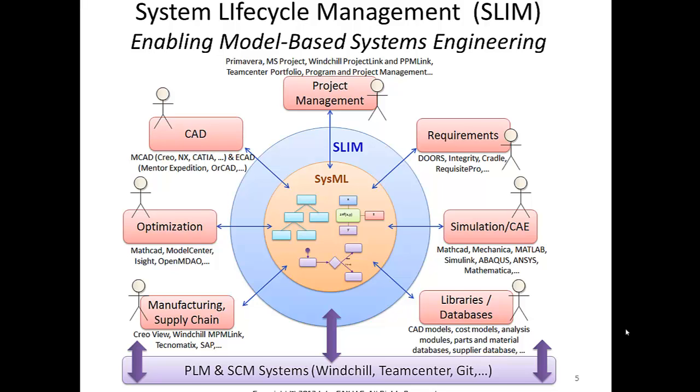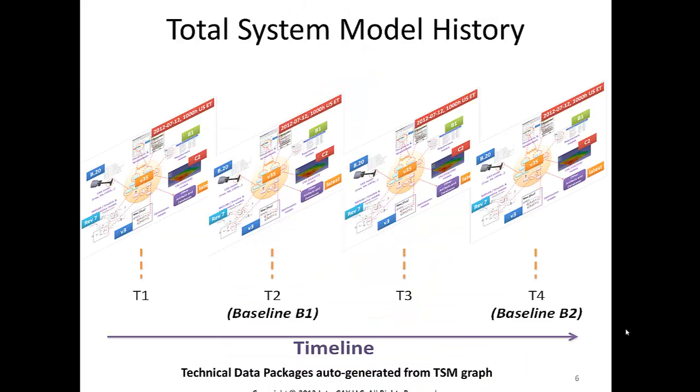We can think of this total system model as being only a snapshot along a timeline, and it changes. And as different product variants are created, either to maintain as new baselines or simply for evaluation, we need to be able to manage all of the different versions of the total system model that are created.